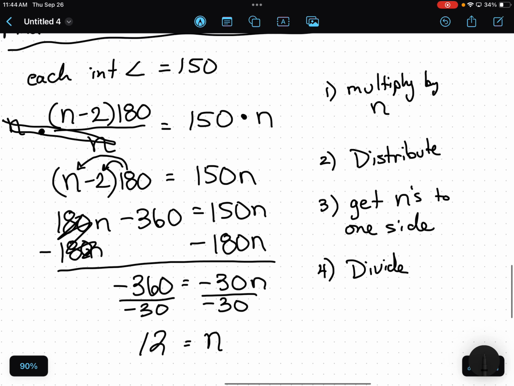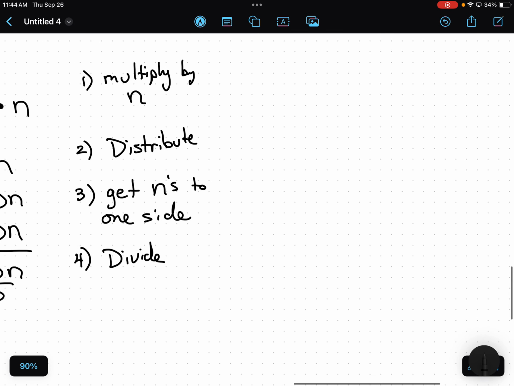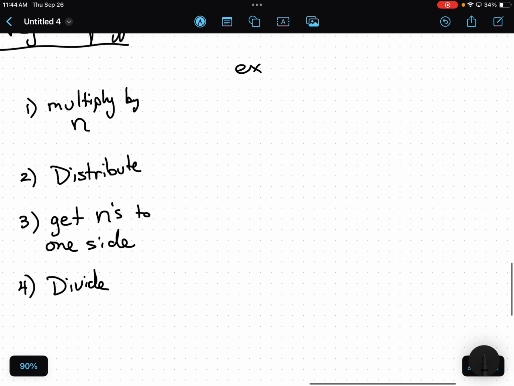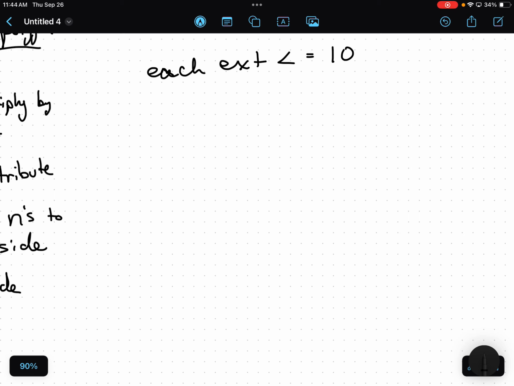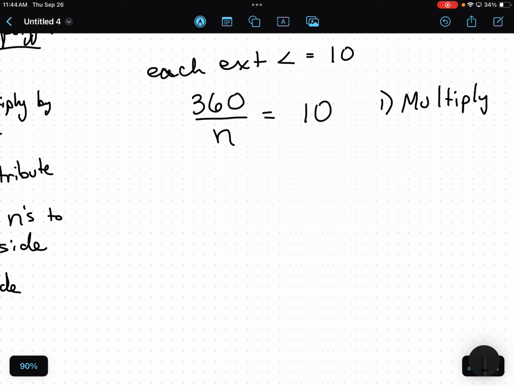Then, a little bit different, changing gears: if it says each exterior angle is 10, now we're going to do it a little bit differently. We don't have to do as much. It's actually a lot easier if it's the exterior. Because remember, the formula is 360 divided by n, and we're saying it's equal to 10. So your first step, multiply by n.